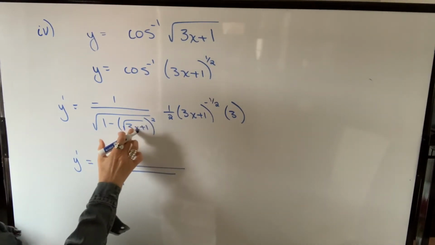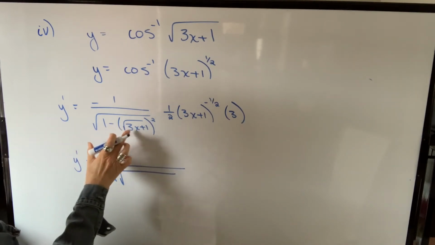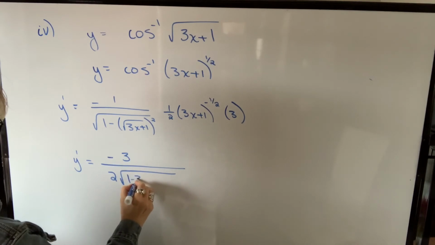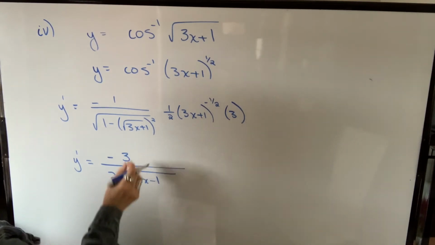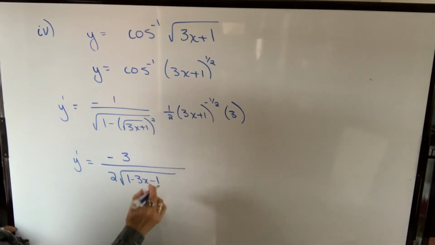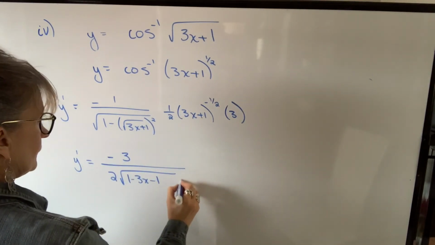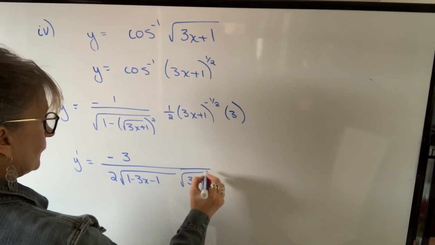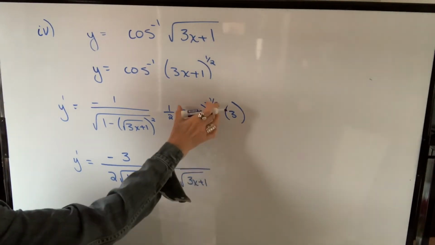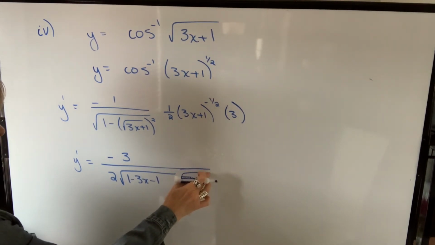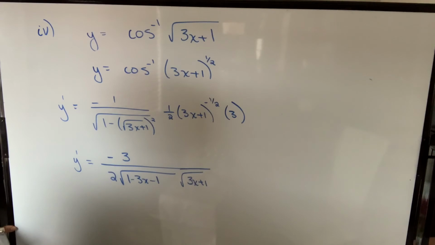When I square this, I'm going to have 1 minus just 3x minus 1. So when I square that, it just eliminates the square root, and then I distribute that negative. And I'm going to put this in the denominator, and I could write it with a 1/2 exponent, or I can write it as square root.